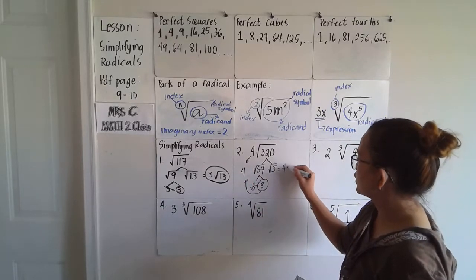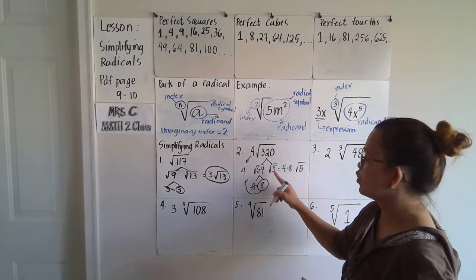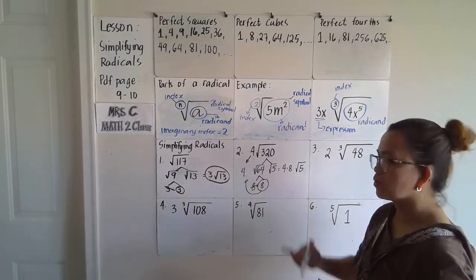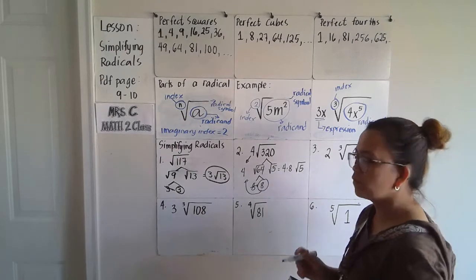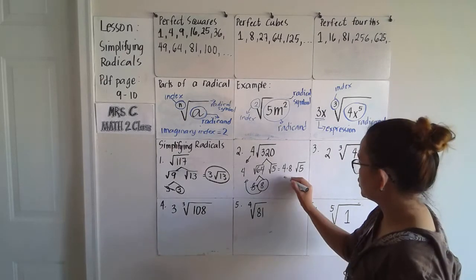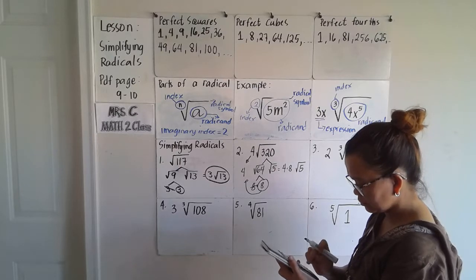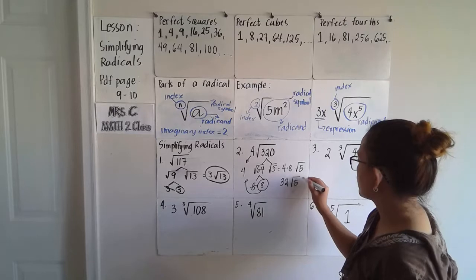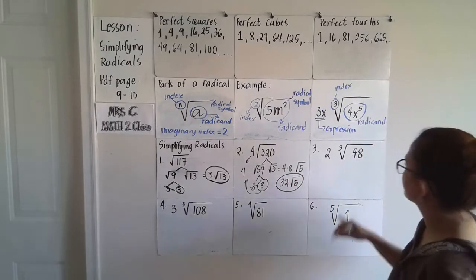So 4 times 8 times the square root of 5, which is the extra radicand or not a perfect square, also known as a prime radicand, will stay inside. So 4 times 8 would be 32. All right, let me check. So the answer will be 32 square root of 5. So that's it. I hope you got it.